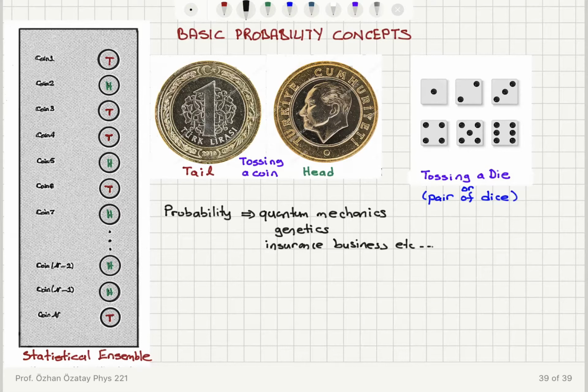All right, so let's note here that it is impossible to predict the outcome of a single experiment.